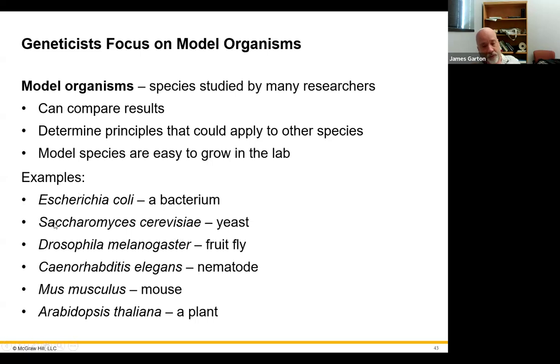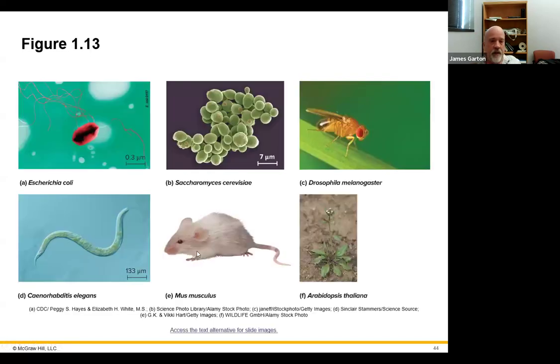But you can work with simpler organisms that are easy to grow in the lab or fast, and you can extrapolate from one organism to another. And some of the model organisms, this is a bacteria, this is a little nematode worm, here's yeast, fruit flies. If you're working with plants, you are going to work with a lot of Arabidopsis. If you're working with animals, you work with a lot of mice, etc.